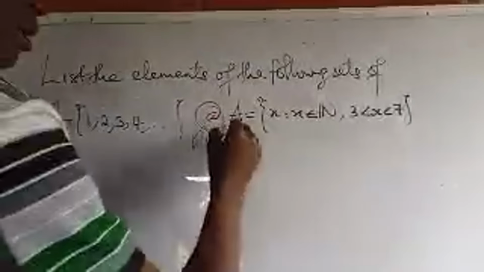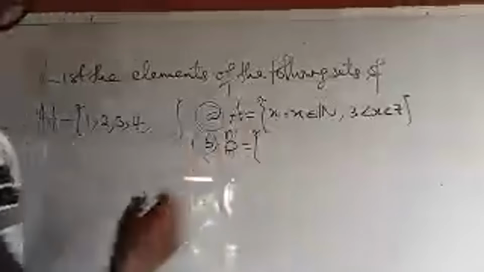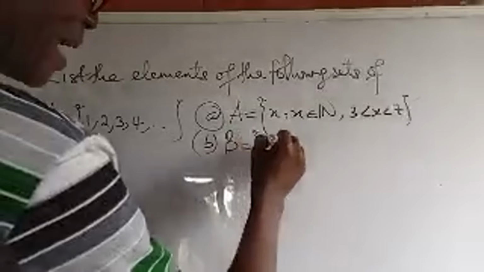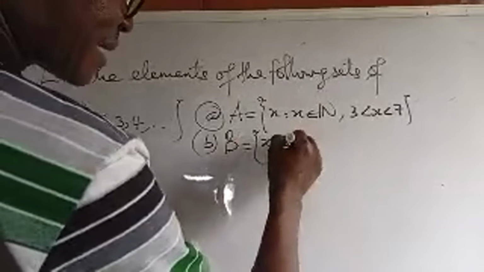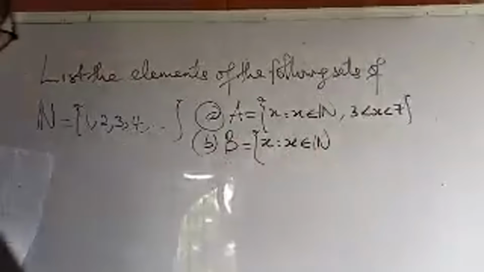B, we have set B, that is X is a natural number such that X is even and X is less than 15.